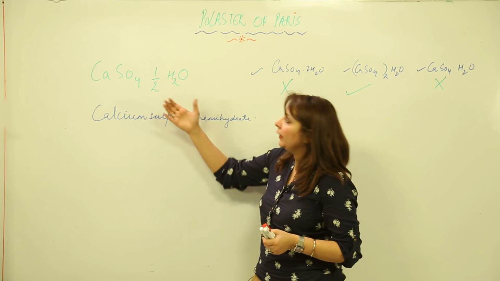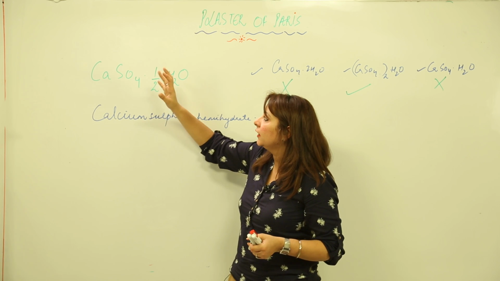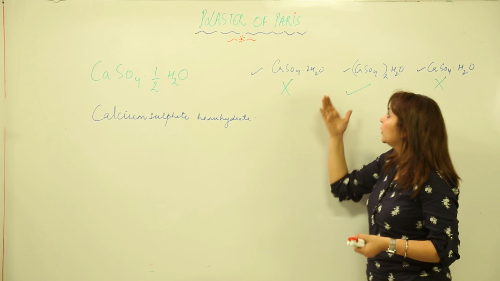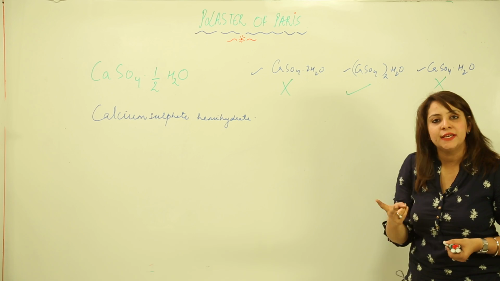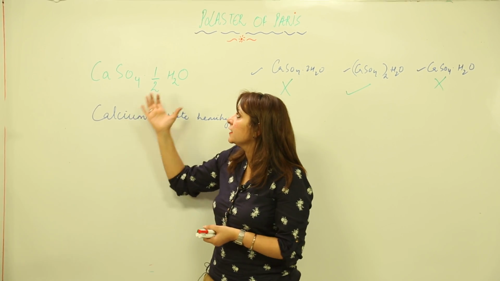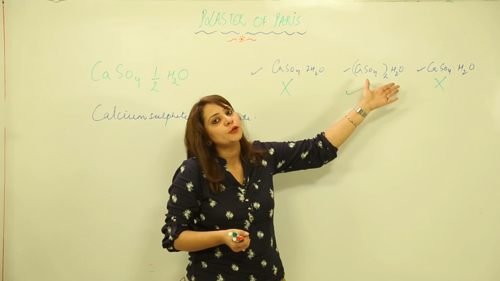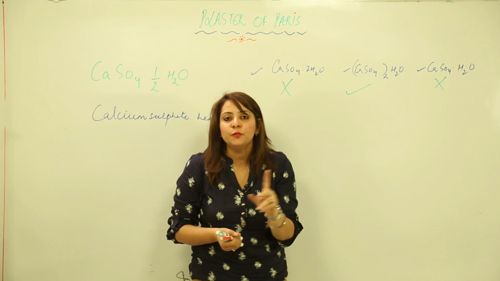In this case, half a molecule of water of crystallization is present with one molecule of CaSO4. And here it indicates that one water molecule is present with two CaSO4 molecules. So here we are telling that half a molecule is shared by CaSO4, and here that two molecules of calcium sulfate share one water molecule.